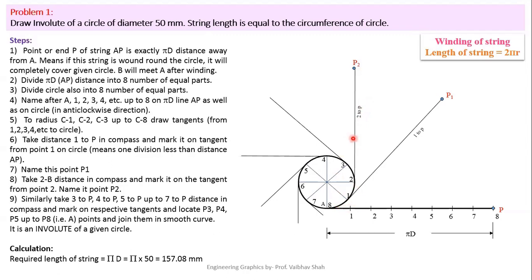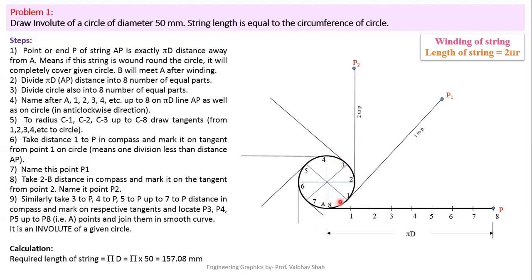Similarly, when we try to wound this line once again, now we will be winding from 0 to 3 on this circle. So now total divisions which will be overlapped over the circle would be 0 to 1, 1 to 2 and 2 to 3.